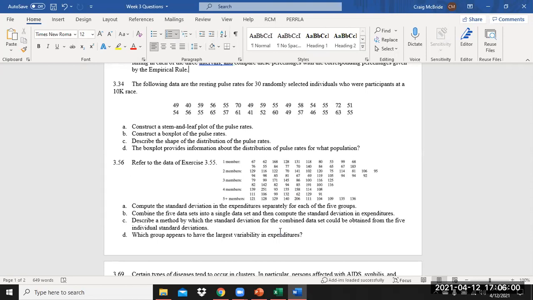And you could do it by calculating a weighted mean. So you take each group's mean and you multiply it by the size of that group. And then you add them all together and you're good. Well, here they're trying to get you to do the same thing with a standard deviation. And quite honestly, there is really no technique that works well for this without a very complicated formula for it.